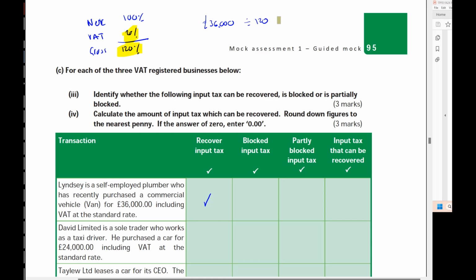So then I multiply by 20. And if you want to multiply by 1 over 6 in the first instance, I don't have a problem with that at all. I just do it this way for the benefit of people that perhaps don't work with this on a daily basis and need a method rather than a shortcut. Answers to 2 decimal places, £6,000 there.